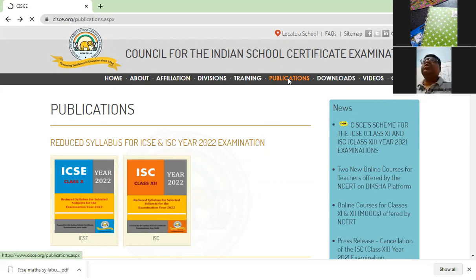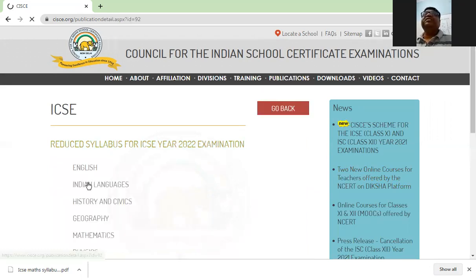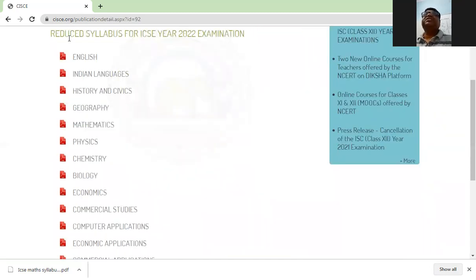When you click on Publication, you will get two files like this. One is for ICSE and the other is for ISC. Here I am concerned only with the ICSE, not ISC. When you open this, you will get the syllabus of different subjects.